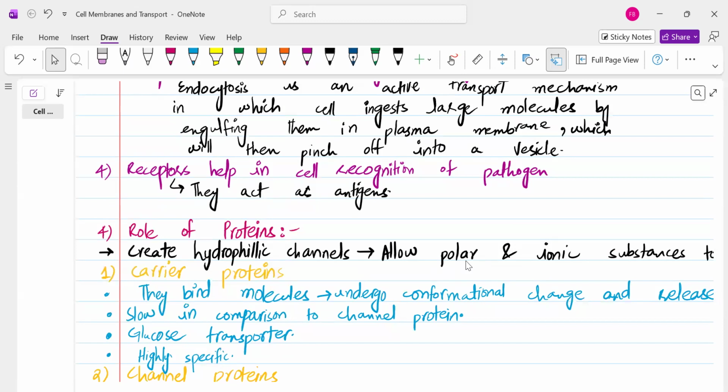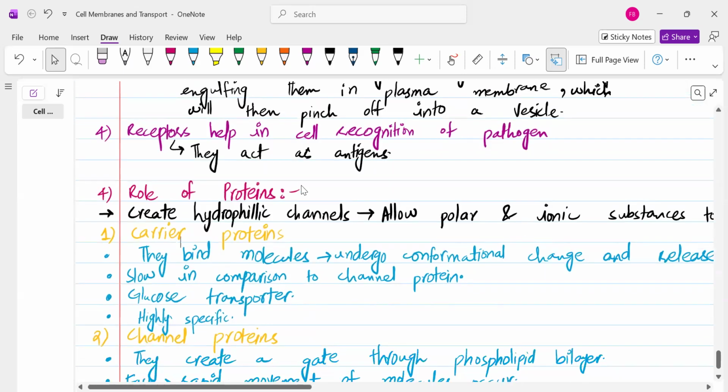Non-polar substances don't need any carrier proteins. I am asking you the role of the proteins: which substances will they allow? The proteins will allow ions.